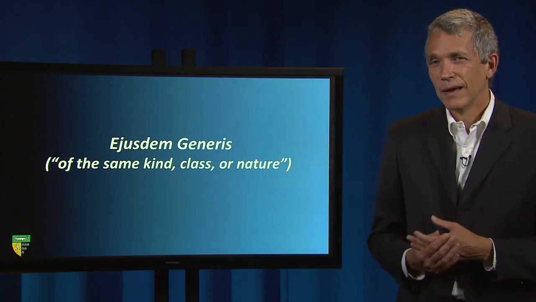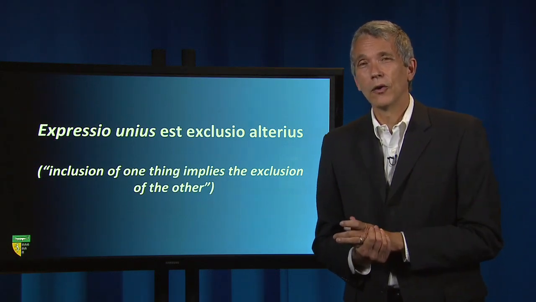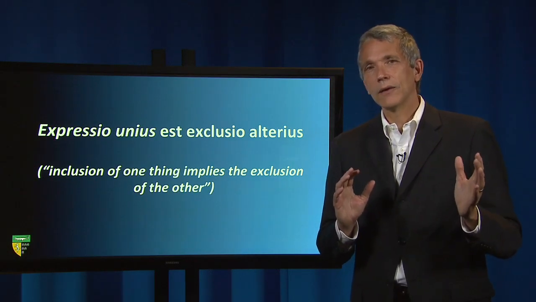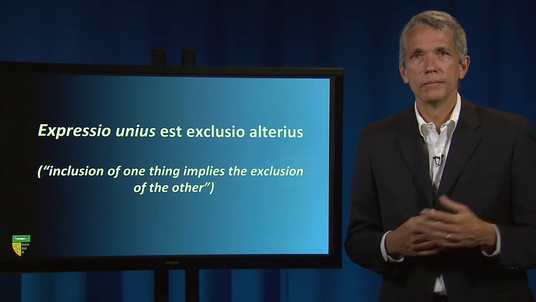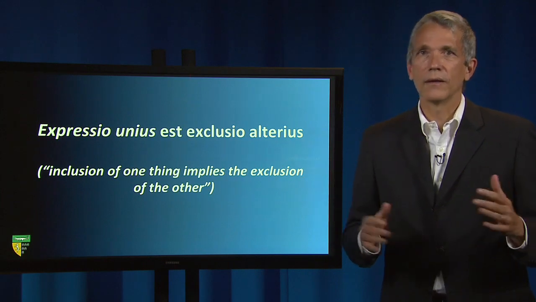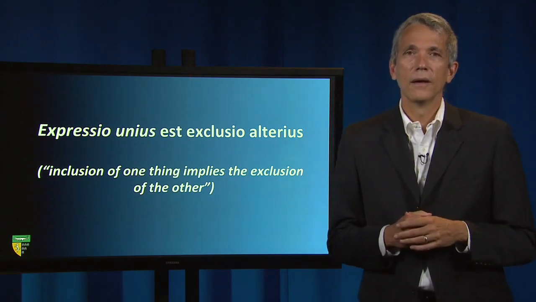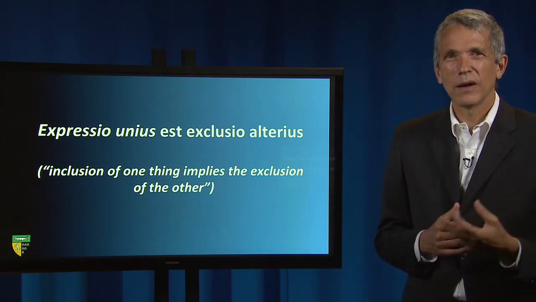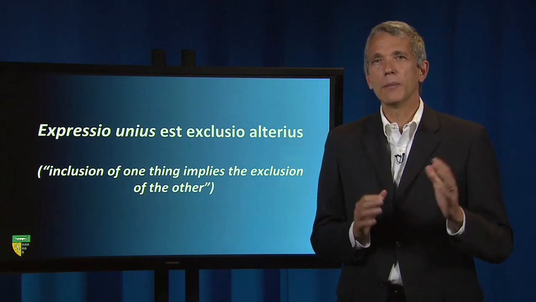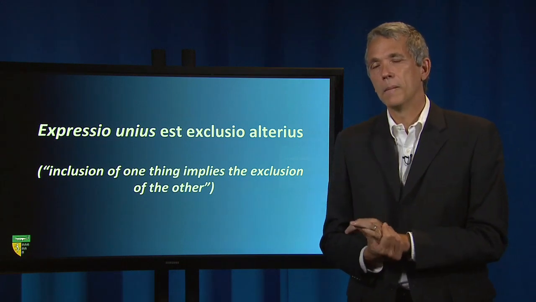And then finally, you might want to learn the canon that goes by the phrase expressio unius. The longer phrase is expressio unius est exclusio alterius: the inclusion of one thing implies the exclusion of the other, but people refer to this just as the expressio unius method.